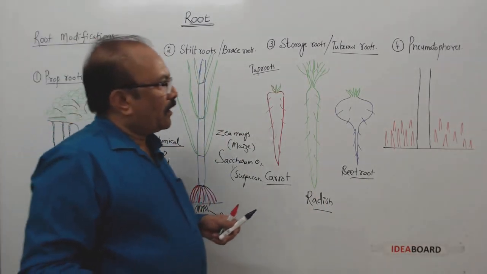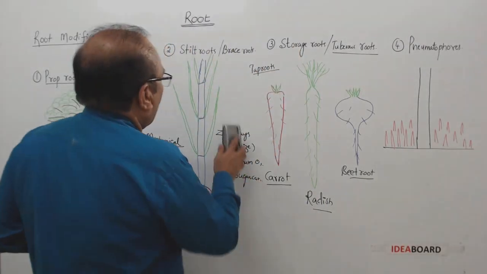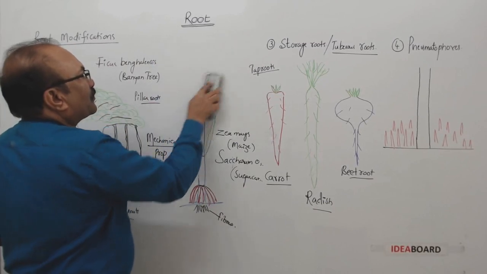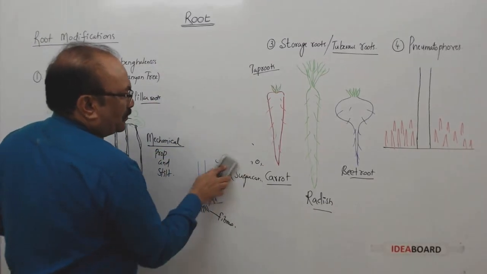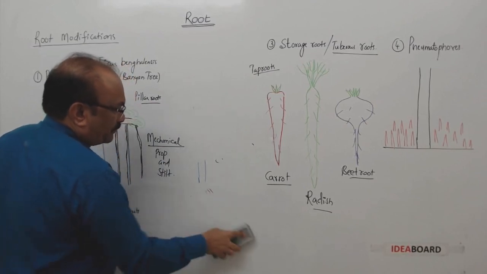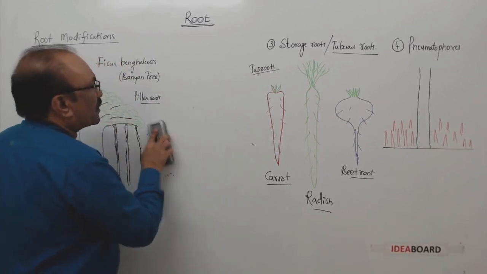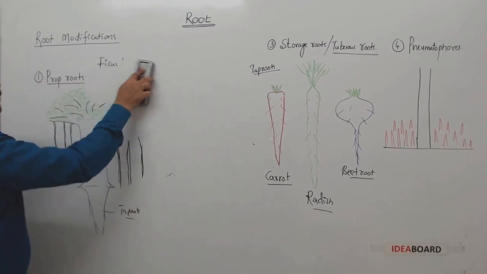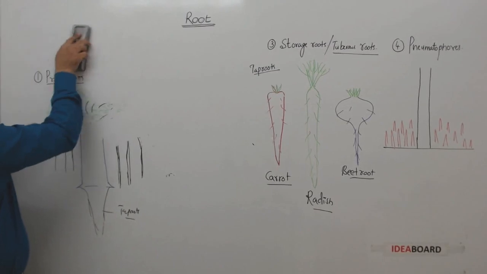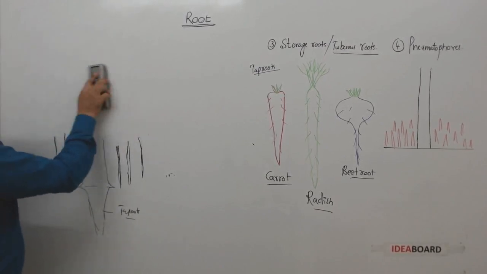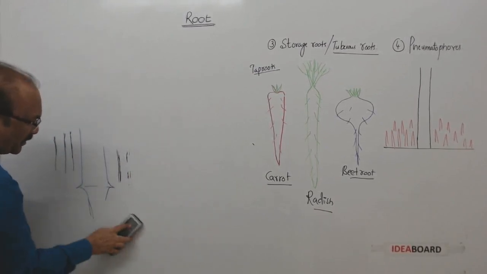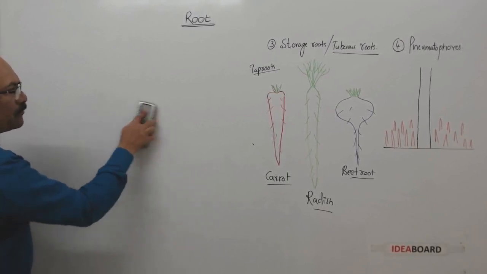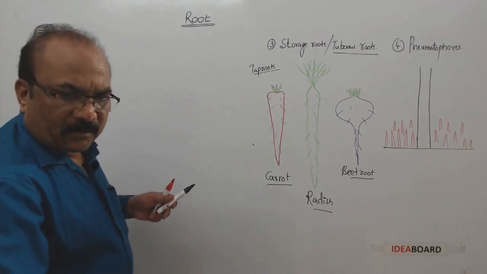Just remember these examples for storage taproots: carrot, radish, and beetroot. Of course, remember even turnip.